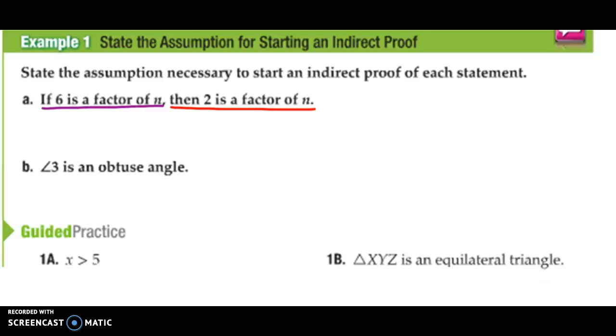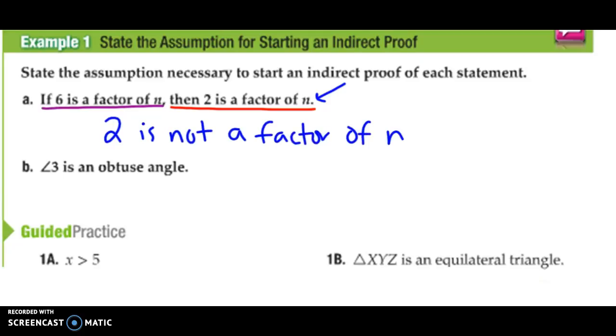To write our assumption for an indirect proof, we take the conclusion and negate it. So instead of saying 2 is a factor, you'd say 2 is not a factor of n. That would be the assumption necessary to prove indirectly.